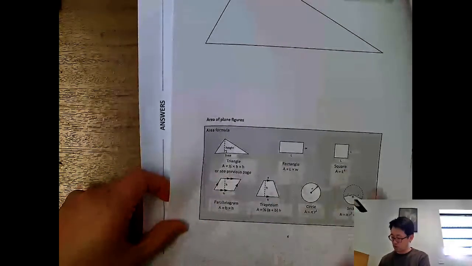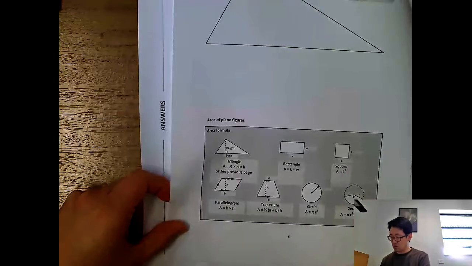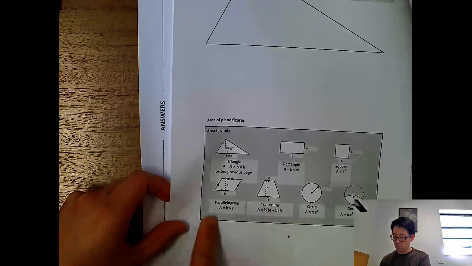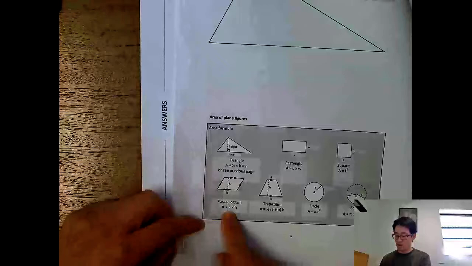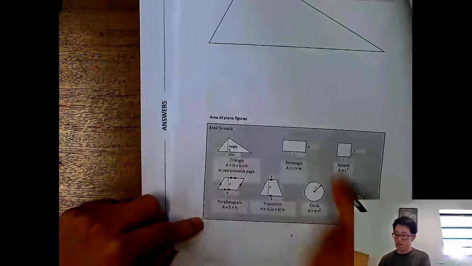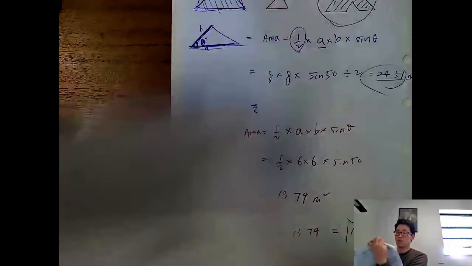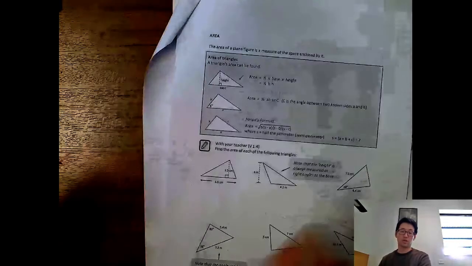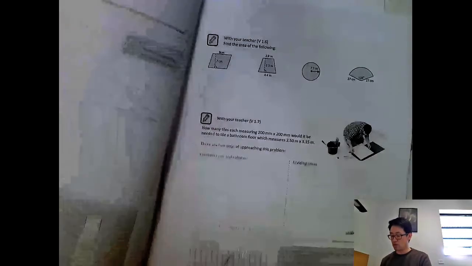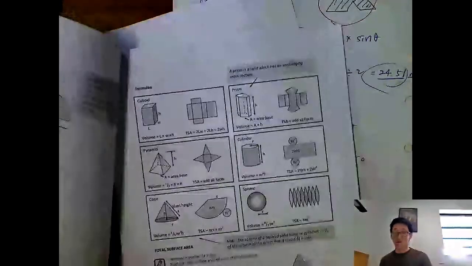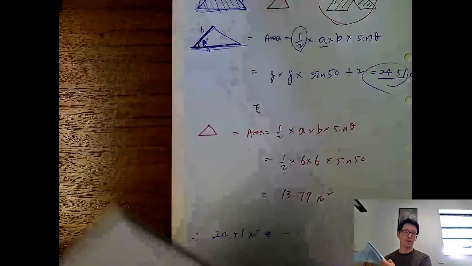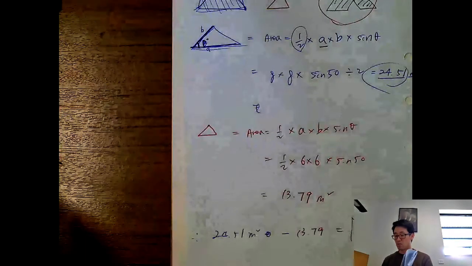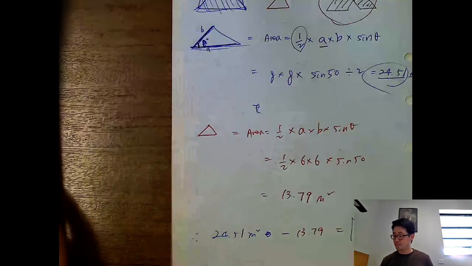Triangle, rectangular, square, sector or circle, trapezium, parallelogram, doesn't matter what, it's all here. Particularly triangle, you got 3 ways to get area as well. As long as you can break down, you're probably able to do those questions. But definitely, whatever I've done today is 8 questions. Okay, I guess that's why you guys asked me as well.